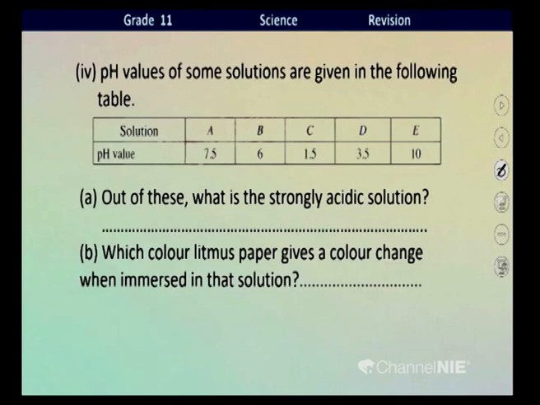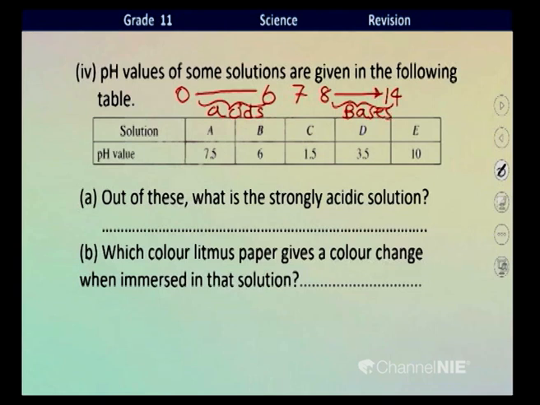From 0 to 6, pH numbers are assigned for acids. You know that, right? If I write it here, children, when you start from 0 to 6, acids, and pH 7 goes for neutral solutions, neutral substances like water, and from pH 8 to 14, bases, completely bases.